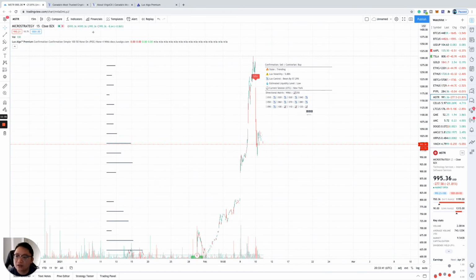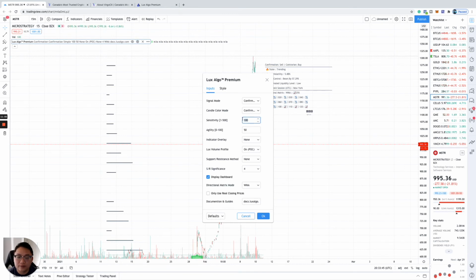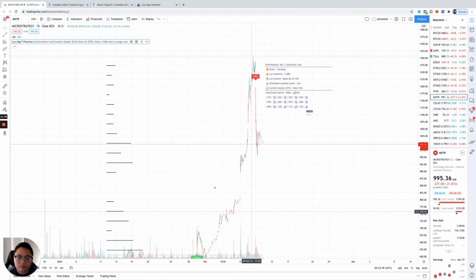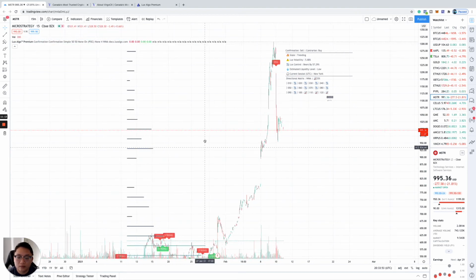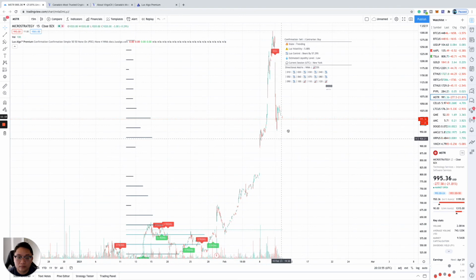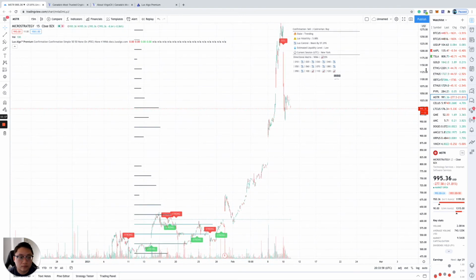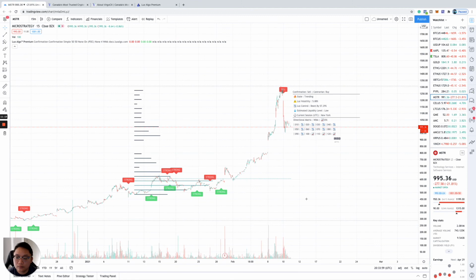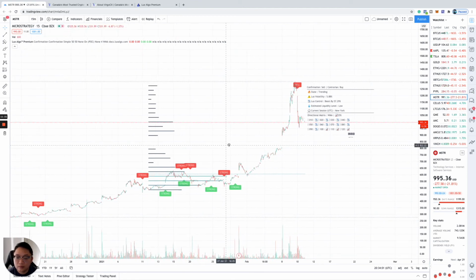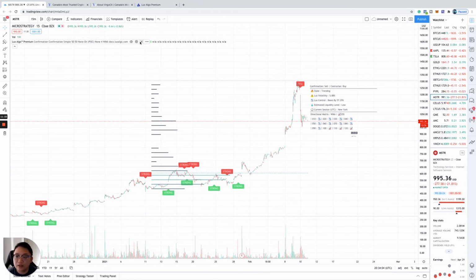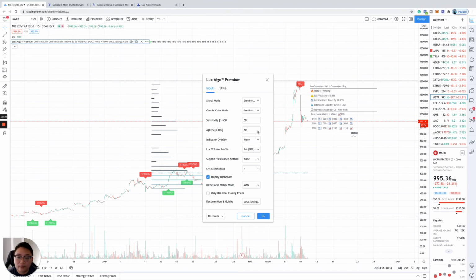And Lux Algo gives you all these settings as well, so you don't have to worry about this. This is just me playing around. Let's say we went to 50, okay? See, it depends on how aggressive you put your settings there.